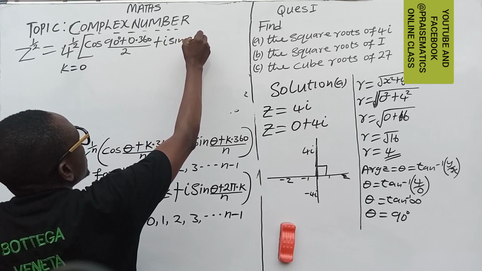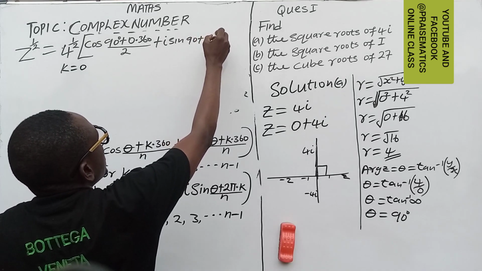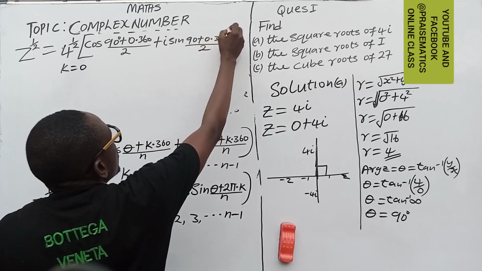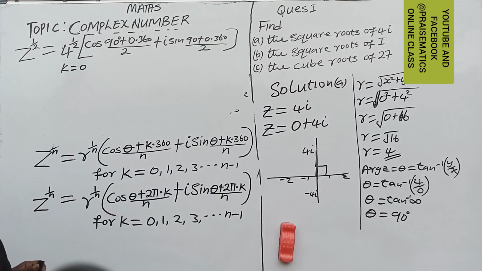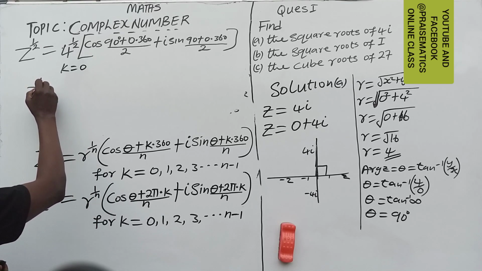Our theta is 90 degrees plus 0 times 360 all over 2.